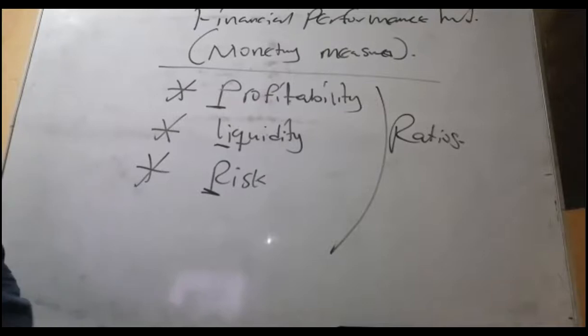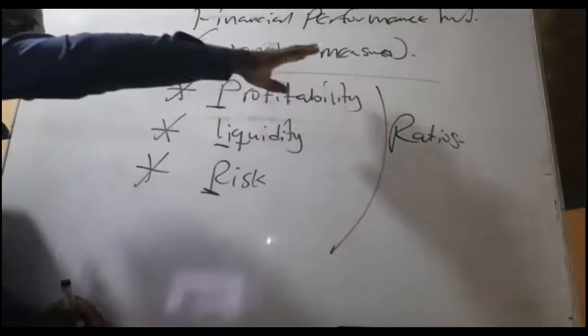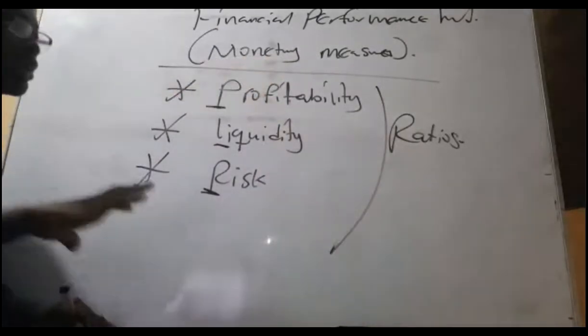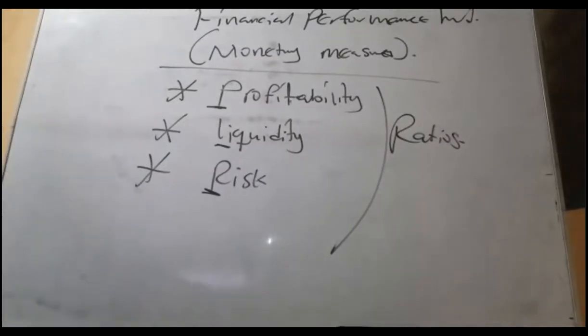Good. So when we talk about profitability, let's give some examples. In fact, all with the financial performance, it talks about all items in the financial statement. So for those of you who have little knowledge about financial reporting, all the items that you see in the income statement qualify to be financial performance indicators.